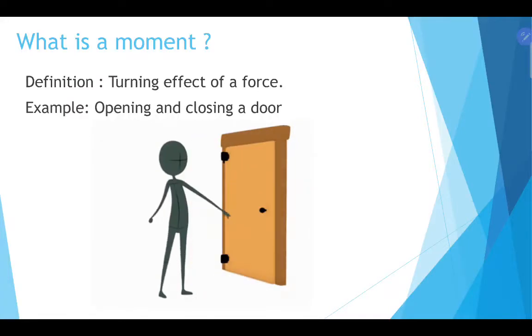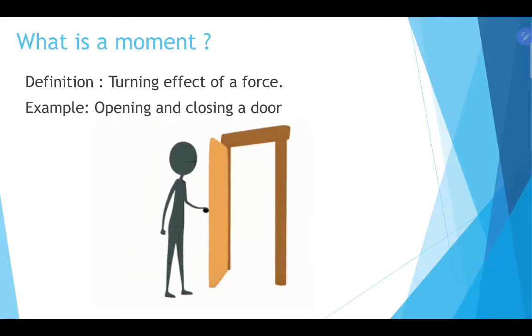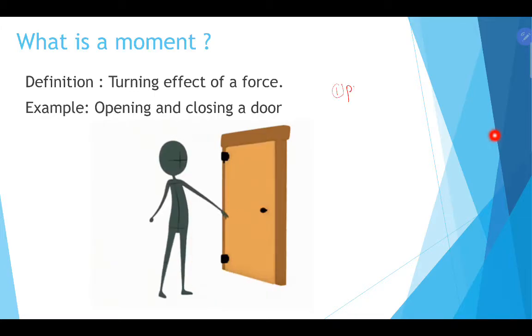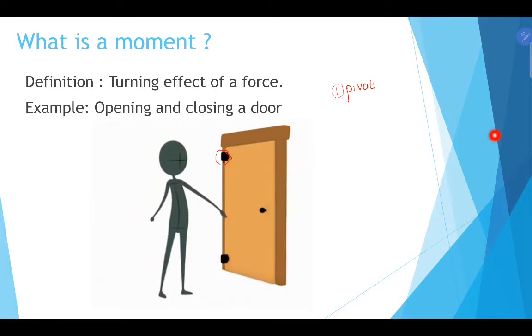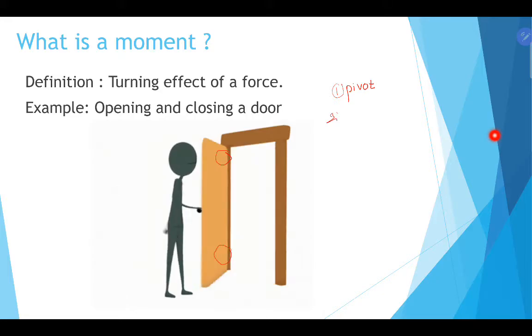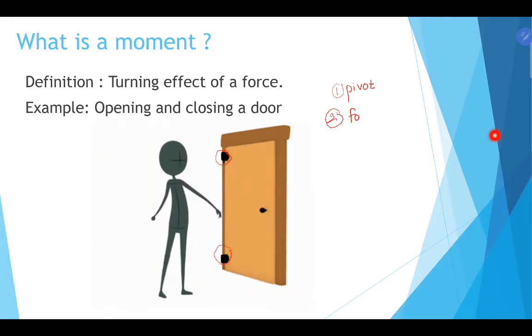Let's look at another example. You have the opening and closing of a door here. The first thing you need to look for is the pivot again. The pivot is where the turning happens, basically the center. In this case, the door hinges are the pivot. Second was the force.